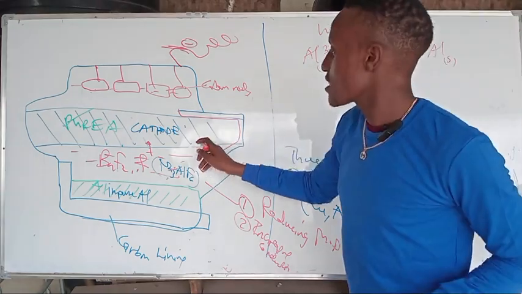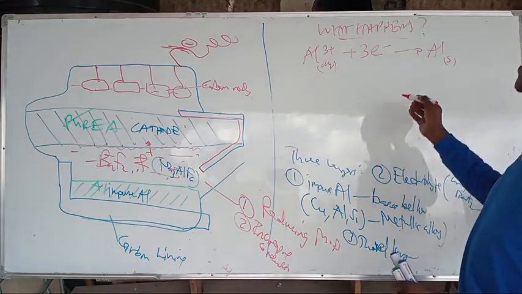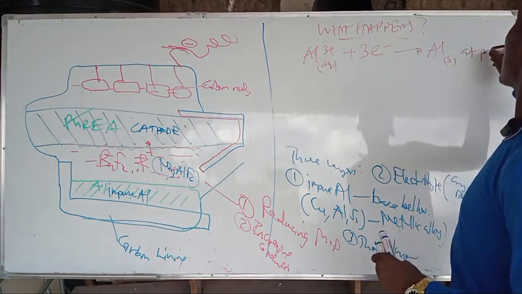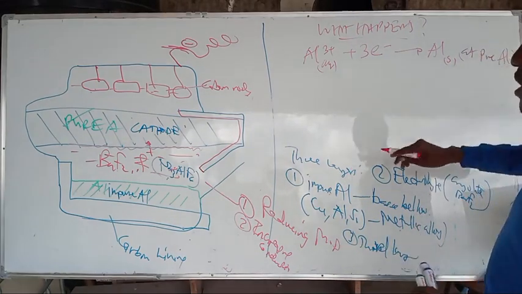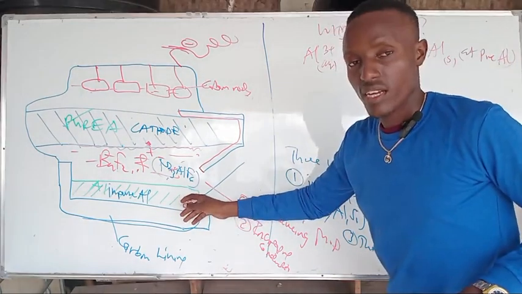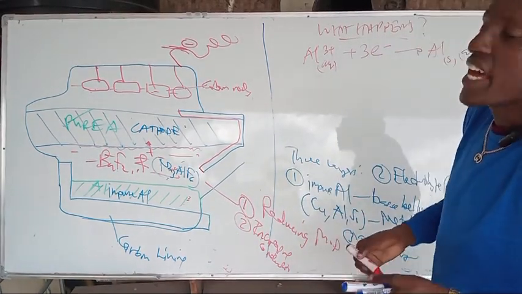So they freeze downward here, at the pure cathode, the upper layer, the pure aluminium. While this layer is being broken into ions.